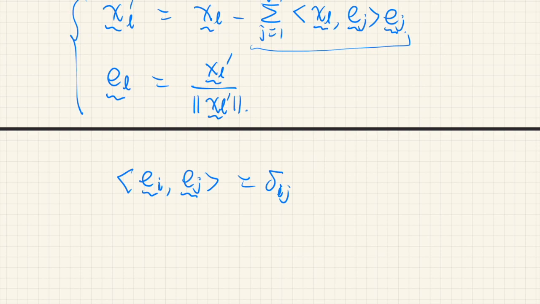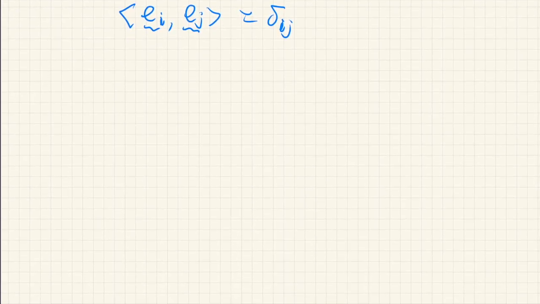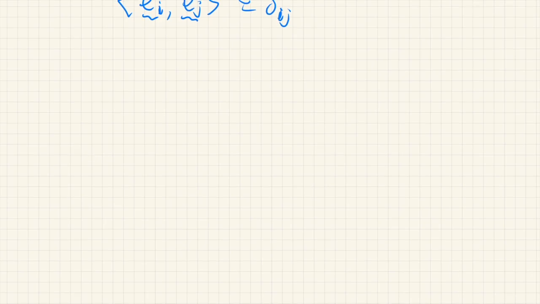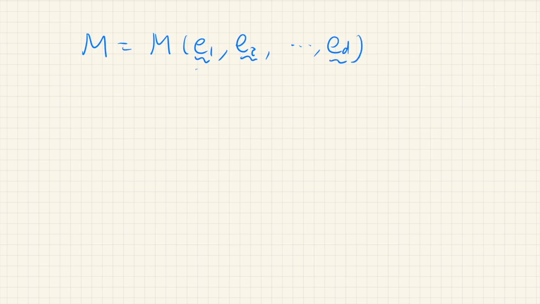So what's so important about orthonormal basis? The reason is that an orthonormal basis makes life easier. Okay, let's see an example. Suppose we have a vector space M that is accompanied with a basis set e1, e2, up to ed, and these are assumed to be an orthonormal basis.